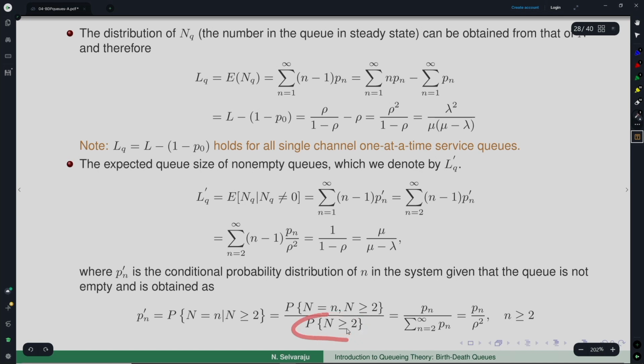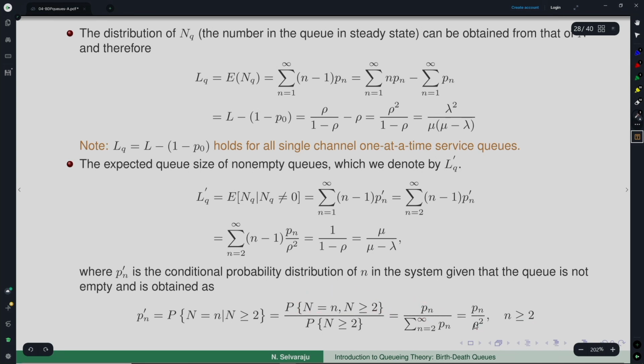The denominator is the summation from 2 to infinity of Pn, which is 1 minus P naught minus P1, and you will compute this to be rho square. If you assume that n is greater than or equal to 2, then this is the same as Pn here.